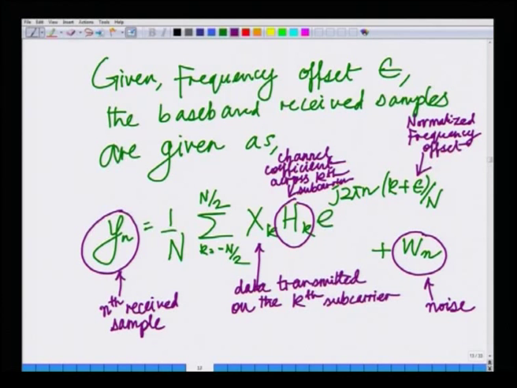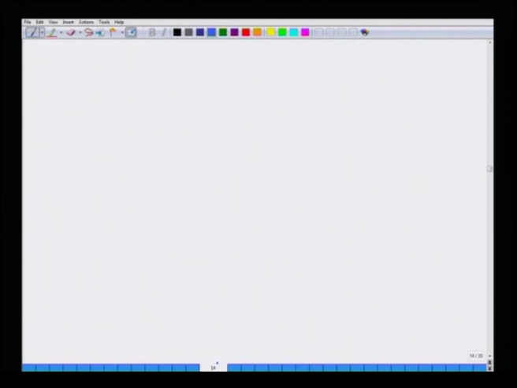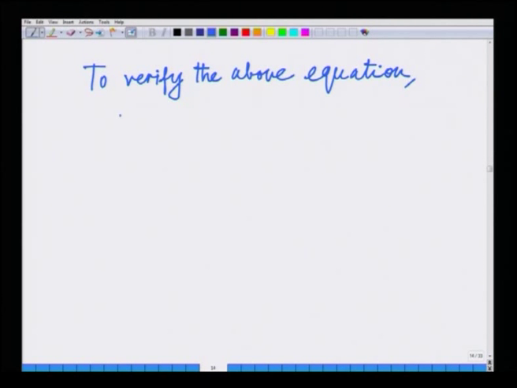Now, to verify this equation, let us set epsilon equal to 0 and see what happens. I want to show you that it reduces to the same OFDM system that we had previously. So, to verify the above equation, set epsilon equals 0.